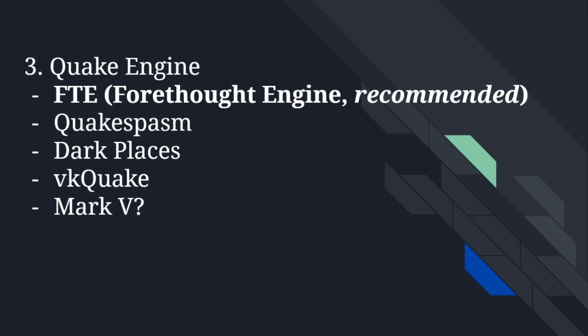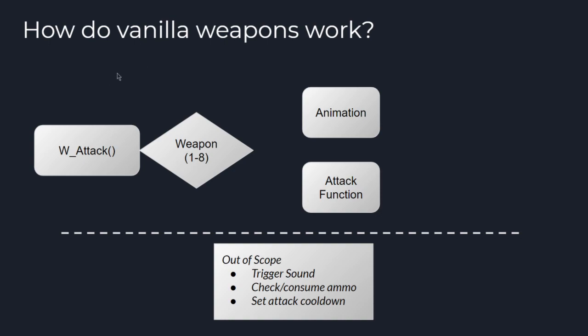So how do weapons work in Quake? It's a little bit complicated because not all weapons are the same, but this is ultimately the structure of it. There is a method that is called whenever you are clicking and attempting to attack and you are ready to attack, it calls the weapon attack method.